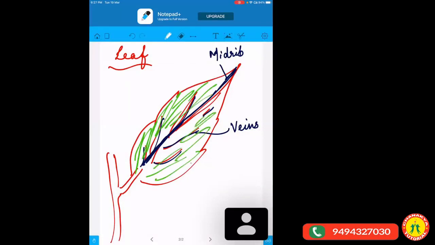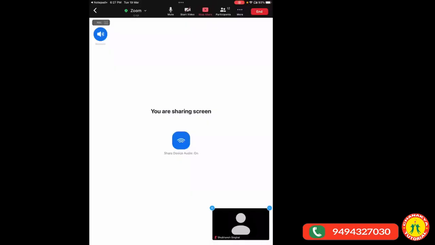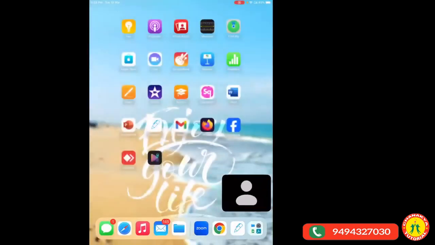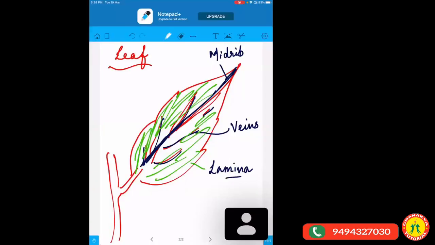So that broad green part of the leaf is known as what? Yes, children, what is the broad green part called? It's called the lamina.